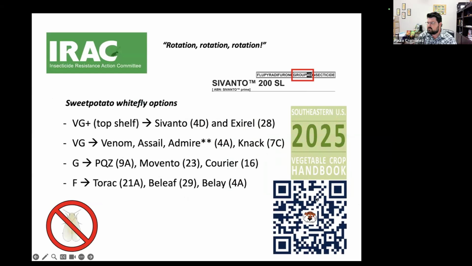I just put a double asterisk on Admire, because we need to keep looking for neonic resistance in whiteflies, as there is an indication that this can build up in this pest. Okay. Some other good options that we can use: PQZ, Movento, and Courier, and also if you need to include Torac, Belief, and Belay in your shelf, they can be fair tactics for control.